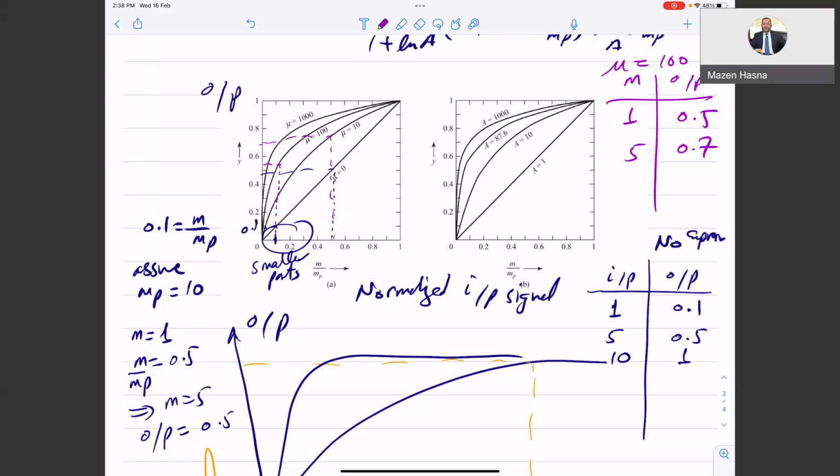Yes, I'm using mu equals 100. So 0.8, and when it's 8, less than 0.9, 0.85 maybe, and so on. So the larger your signal, the less the gain. You are compressing the larger part of the signal, and at the output you are using the same delta. Why are you doing this?